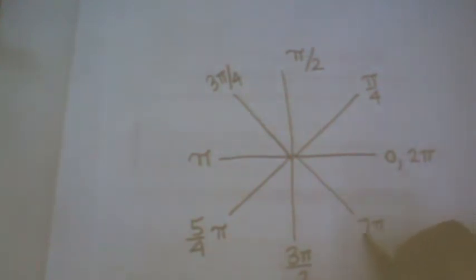I want you to think of this. It's kind of like number sense. From here to here is 1 pi, and all the way around is 2 pi. This is 1/2 pi, and this is 1.5 pi. So we broke it up into 4s. Pi over 4, this is 3/4, 4/4, this is 5/4, 6/4, 7/4, and 8/4.